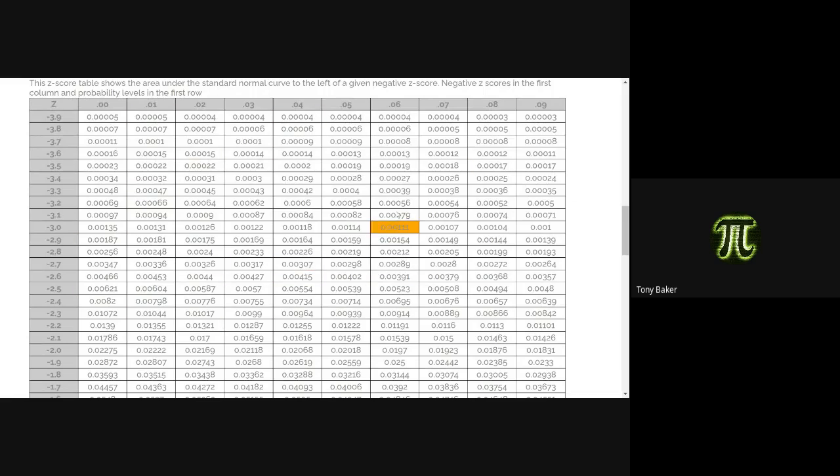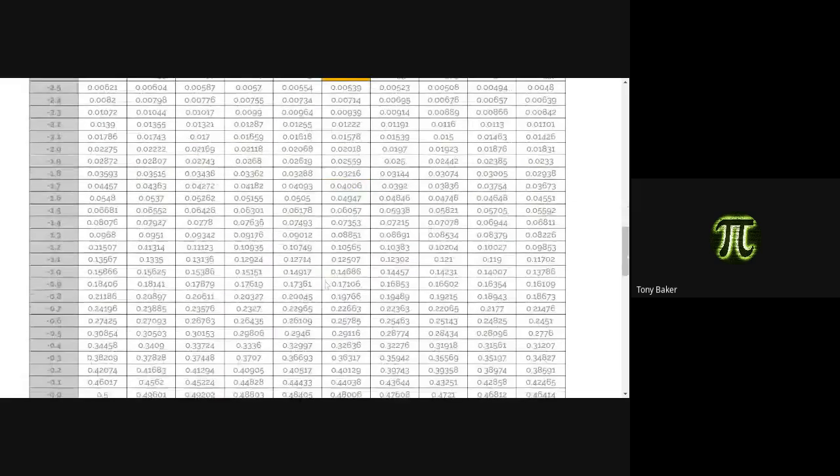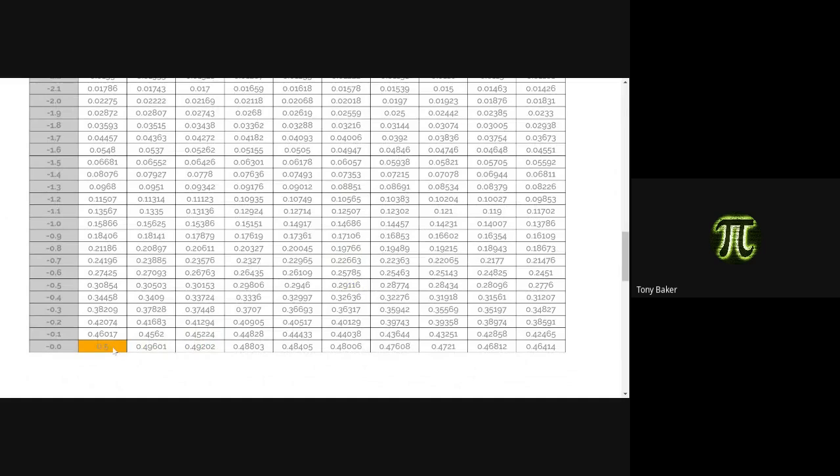In here is your percents. So if we go all the way down, the biggest number right there, at 0, is 50% or 0.5. Find that on your sheet. What does that tell me? That tells me that a z-score of 0 is 50%. Now, if you think about what we just did to find my z-score, how would I get a 0?